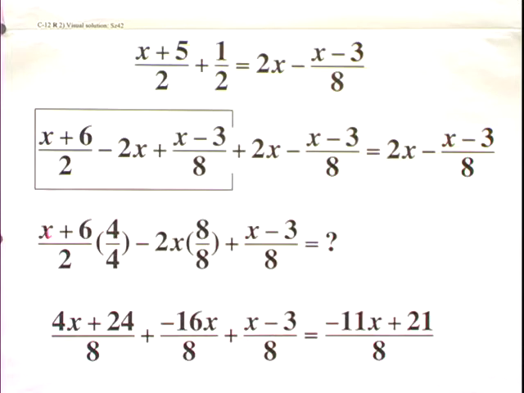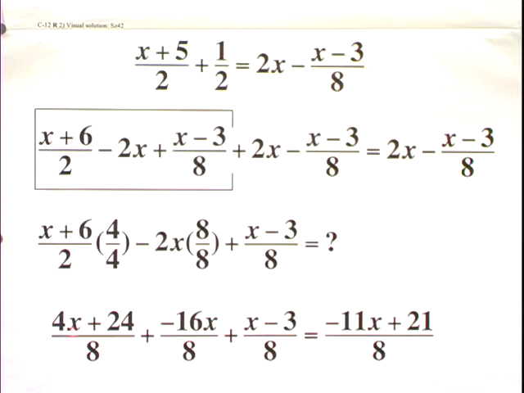So 4x, 4 6s, 24, 4 2s, 8. 8 2s, 16. I'm going to bring the minus into the numerator and write a plus there. Change 2 signs. And then that's over 8. And this is already over 8.